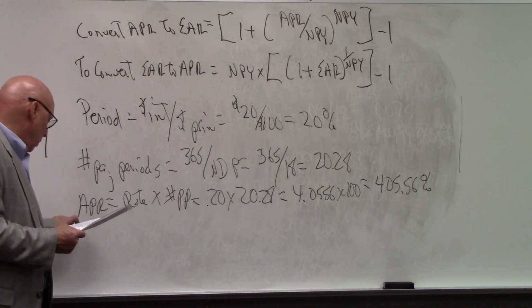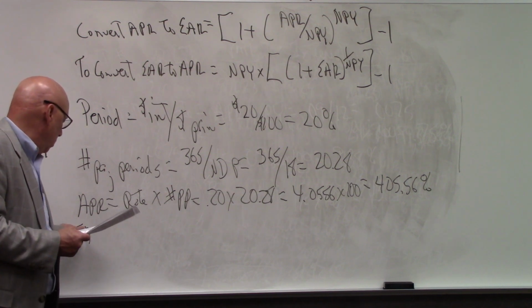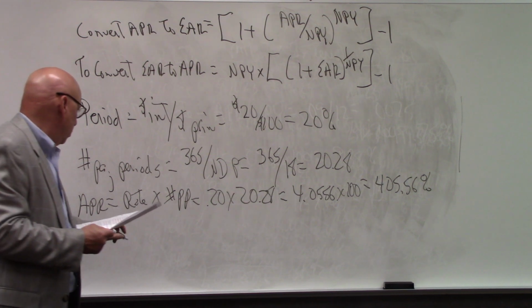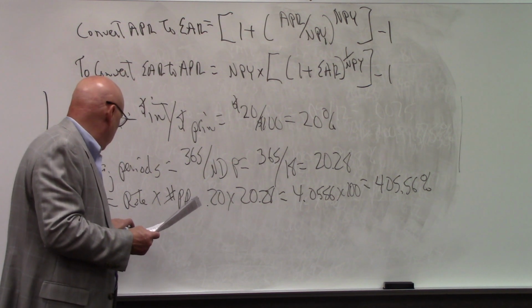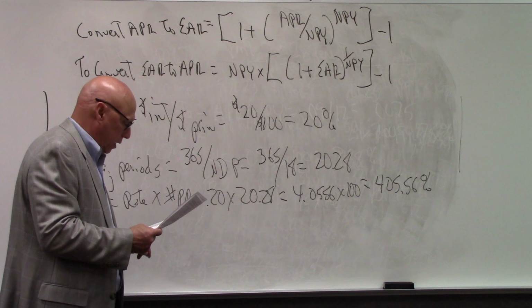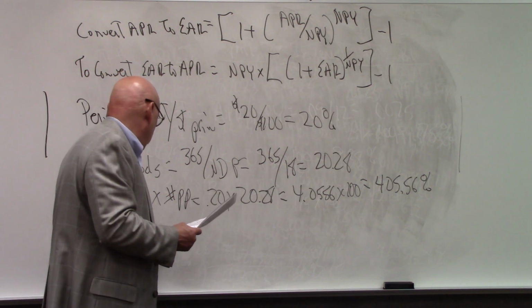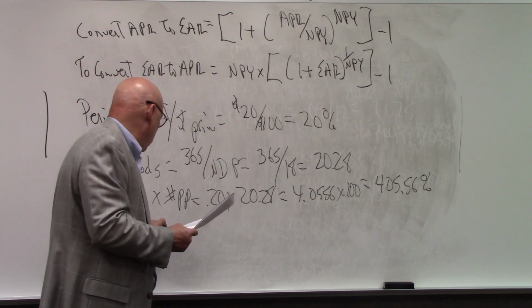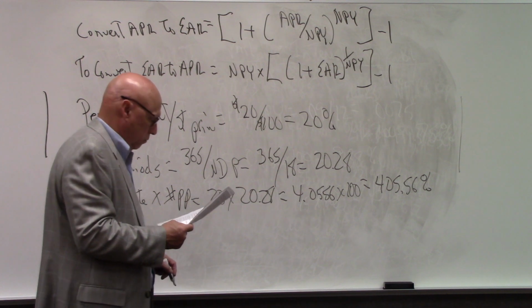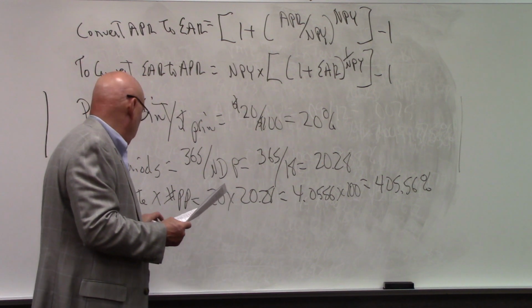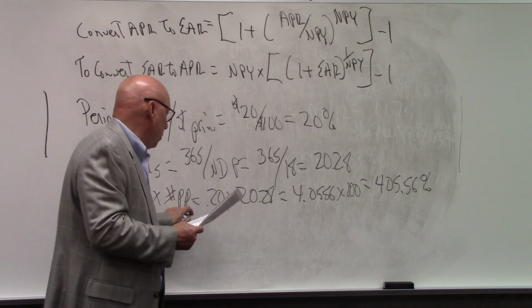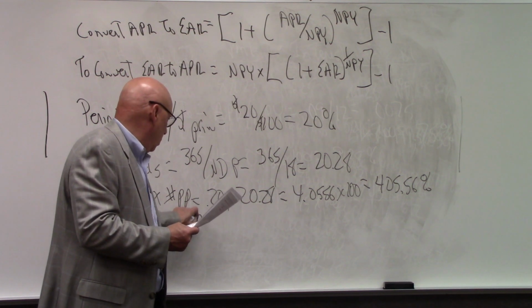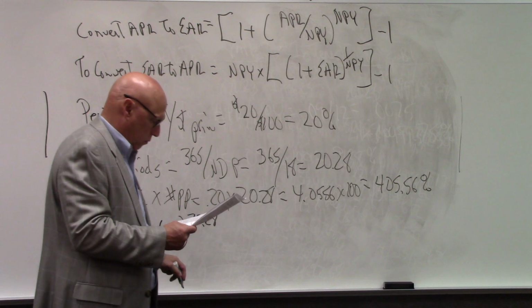All right, the effective annual rate is equal to 1 plus the period rate, raised to the number of pay periods, 20.28.